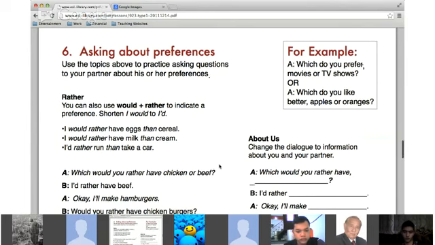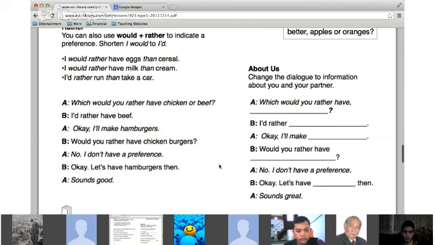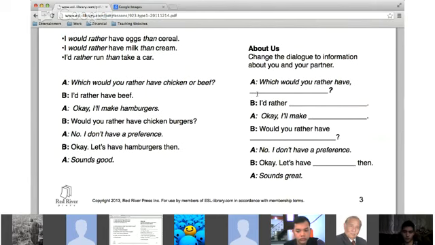So which do you prefer or which do you like better? Let's go to this dialogue here, and I'll have you guys practice. Now you can ask about any two things. So I'll have a person A and a person B. It looks like they're talking about food, so let's keep our preferences to food.